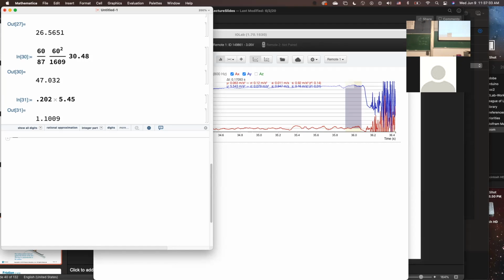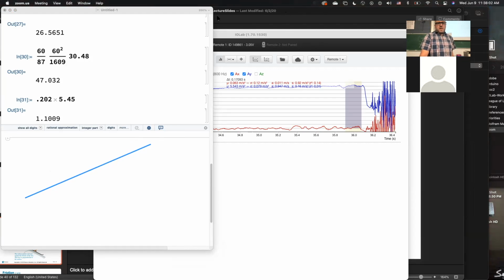for this part here, let's say we want to get our angle. What I did was I said, okay, here's my inclined plane at some angle, and I have a normal force for my plane.